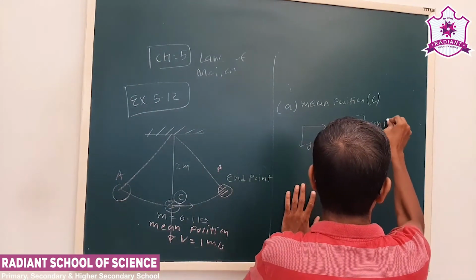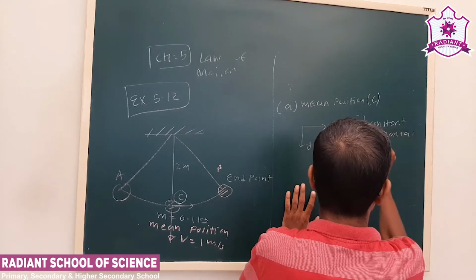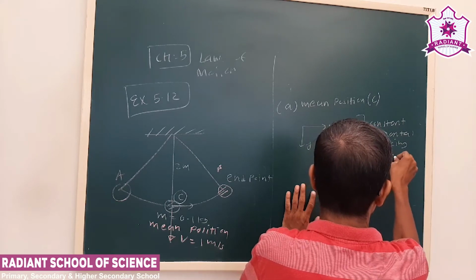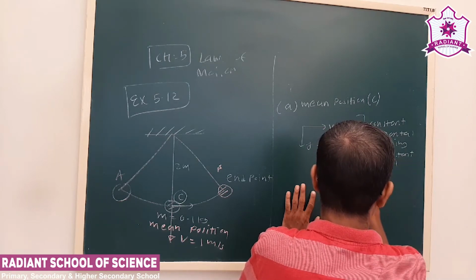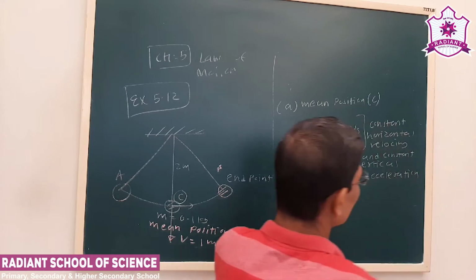Constant horizontal velocity and constant vertical acceleration, that is the characteristic of projectile motion.